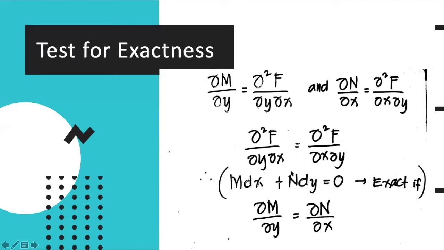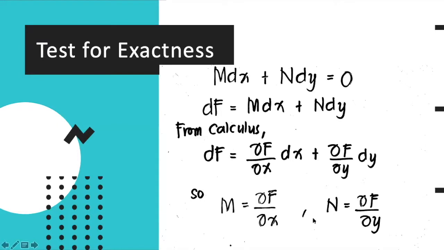Now what we will do here is, from these equations, since M is the coefficient of dx, we are to differentiate this equation with respect to y for exactness.